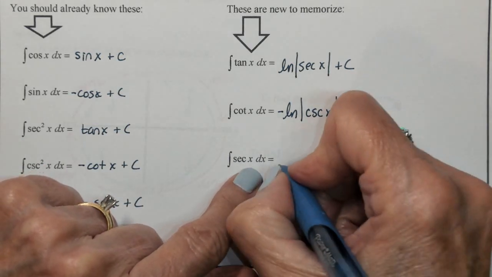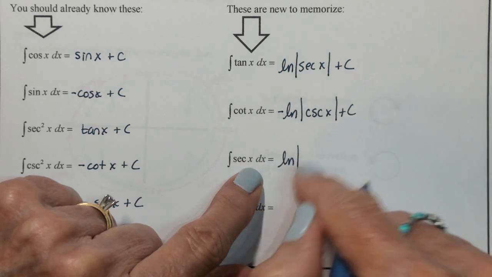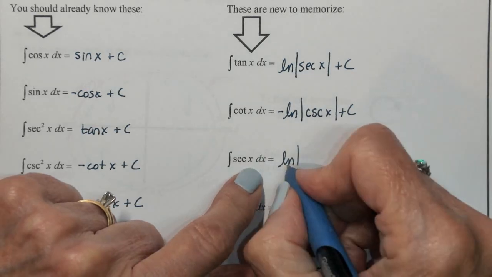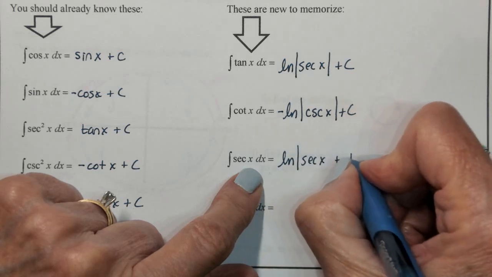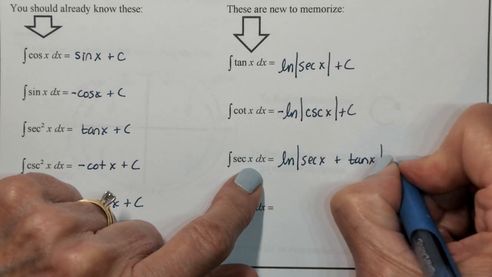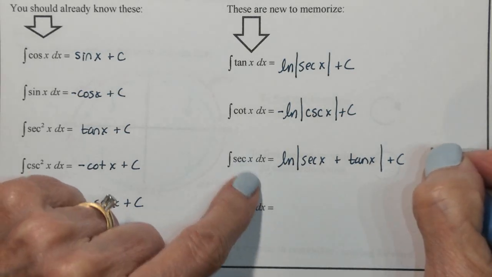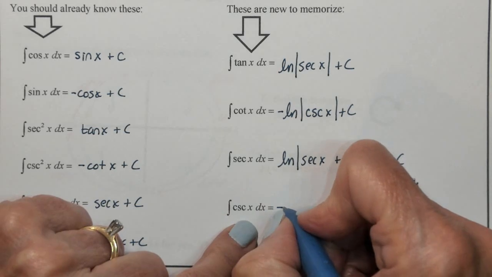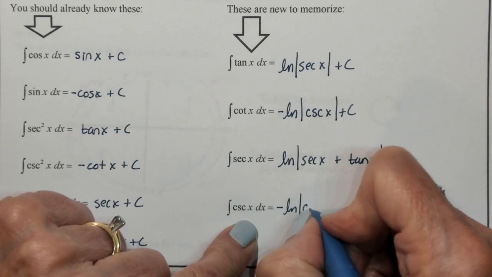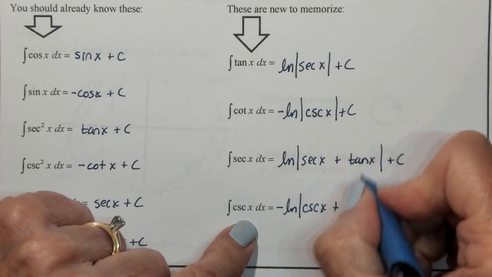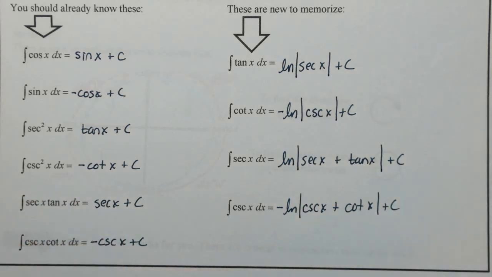Antiderivative of secant: I don't know a function whose derivative is secant, so it's one of the ln ones. ln absolute value, secant x plus tangent x plus c. Cosecant is similar to secant. So negative ln absolute value, replace secant with cosecant, replace tangent with cotangent, and we're done.